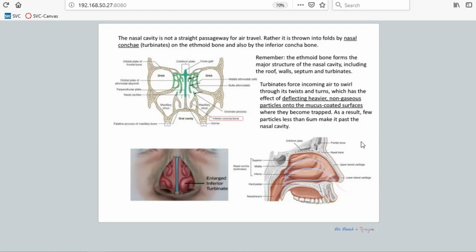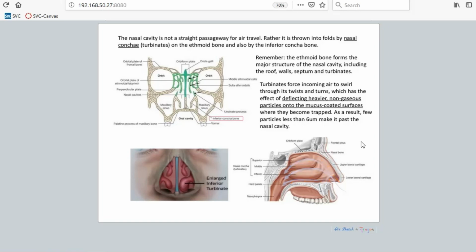Now, something I want you to notice, and this is a good picture to look here, the nasal cavity is not a straight passageway. You have these little teardrop kind of projections, or these folds inside on both sides of the nasal cavity, and we call those nasal concha or turbinates. And the reason that's important is because when air comes in the nasal cavity, instead of just going straight forward, it gets twirled around in these turbinates there. It creates turbulence.